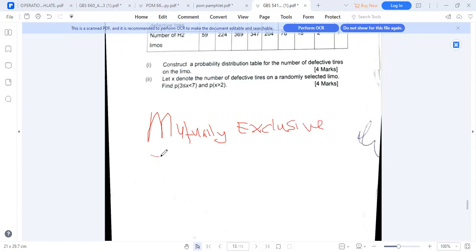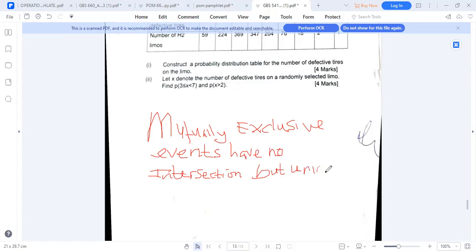Meaning that if these events are mutually exclusive, they cannot be independent.